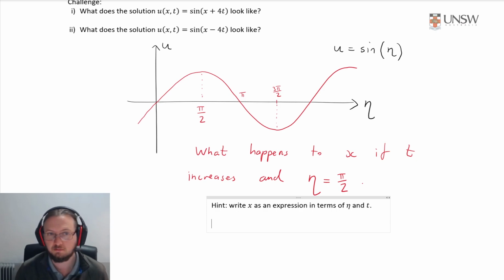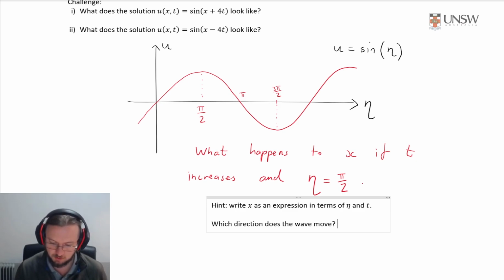So when you do that, one question you can ask yourself is, which direction does the wave move? So really I'm asking, if t is changing, how is x changing? And you can do this if you're able to write x as an expression in terms of eta and t.